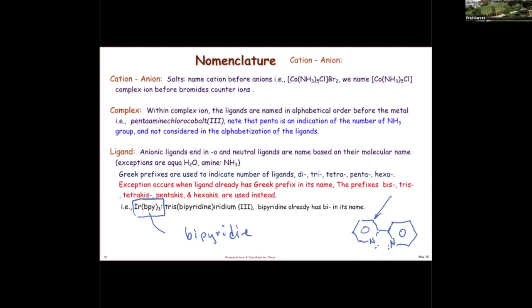The circle means there are alternating double bonds, but this is bipyridine. It's a bidentate ligand, and there's 3 of them. So when you name this, you don't say tri-bipyridine, you say tris, because bipyridine already has a bi within the name of the ligand. So you say tris, and then parentheses bipyridine, and that's an iridium 3 compound.